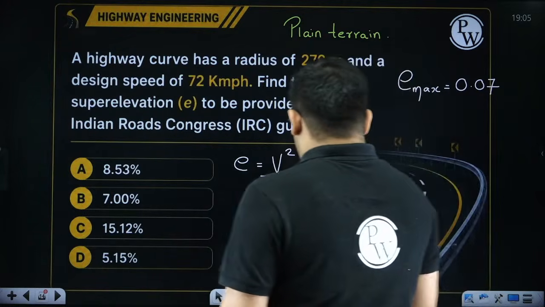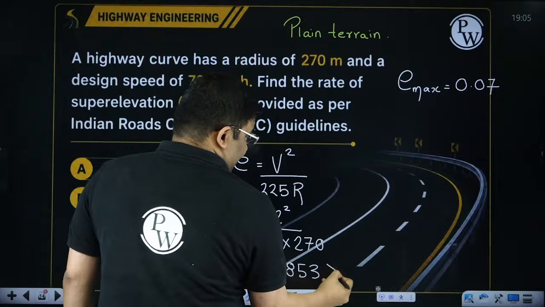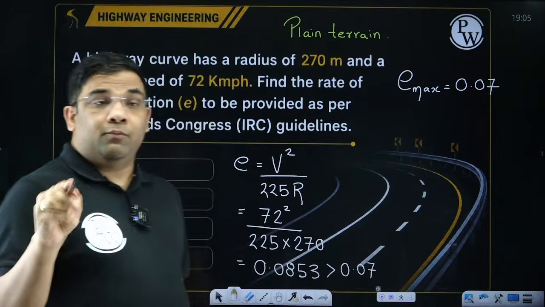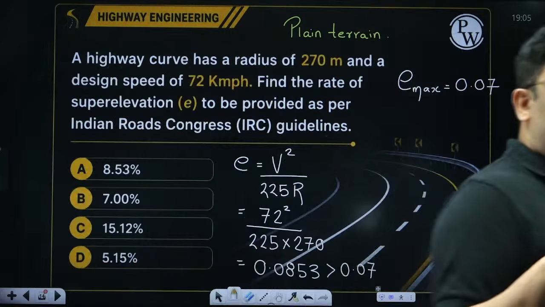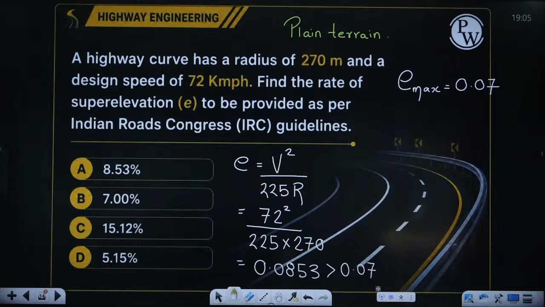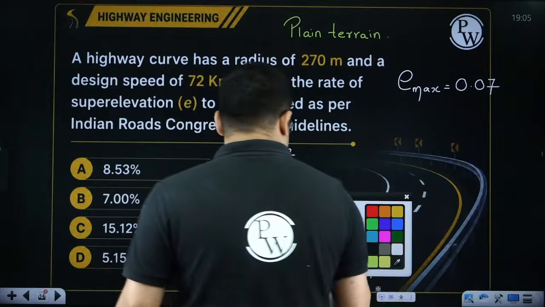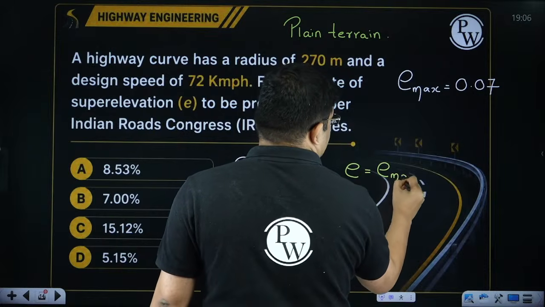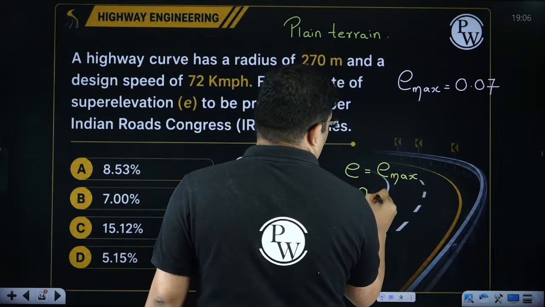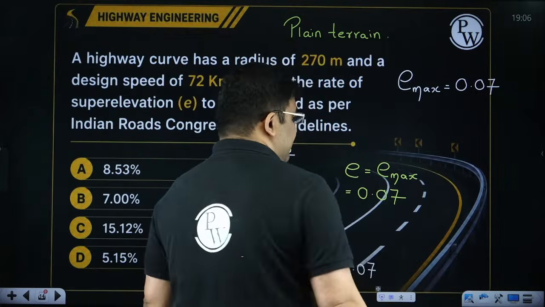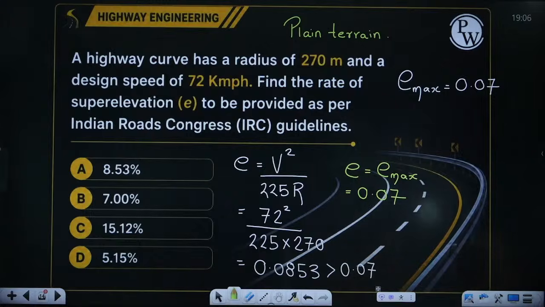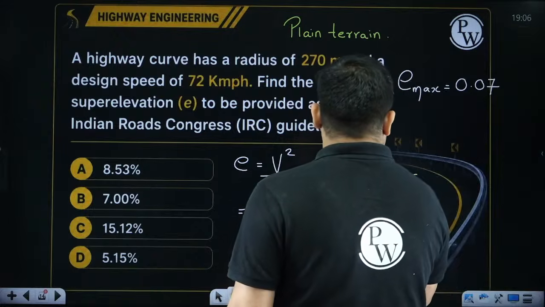Now, the value which we are getting is coming more than the maximum value. So whenever you are getting E more than the maximum value, you have to restrict the E to that maximum value. So in this case, E will be equal to E max, that is 0.07, or I can say 7%.